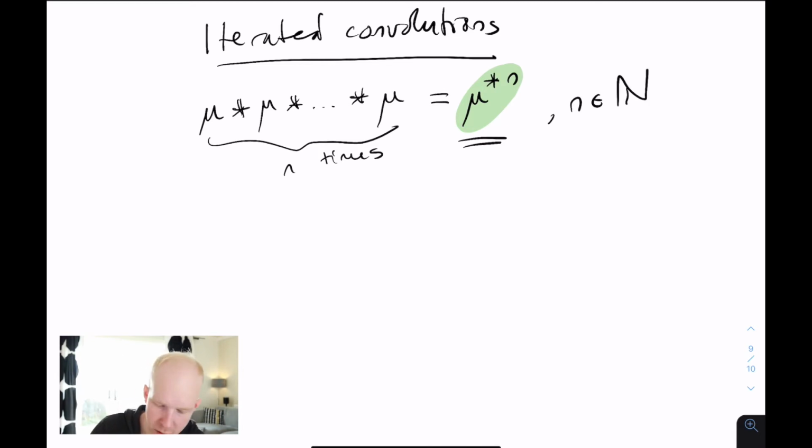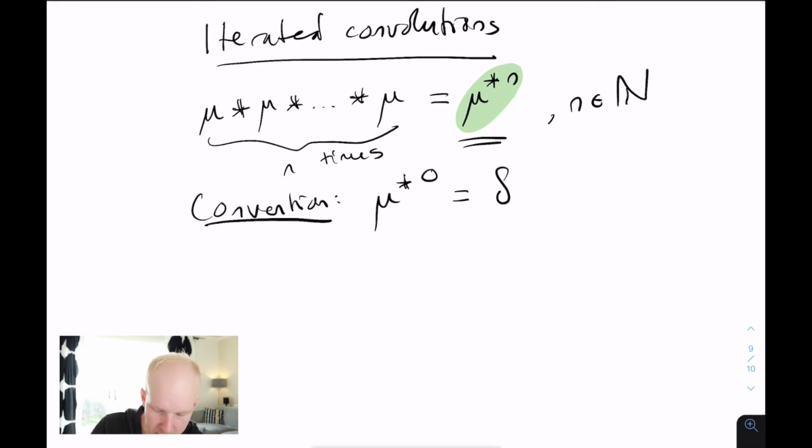And with the convention you could have in the proofs, it is useful to write that if you take the zeroth convolution, then this is just Dirac at zero. You don't basically do anything. So then this works in this way.